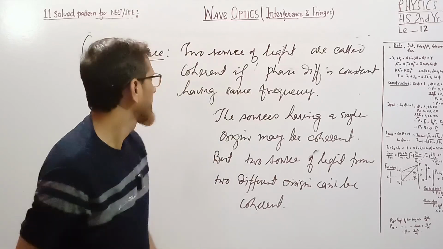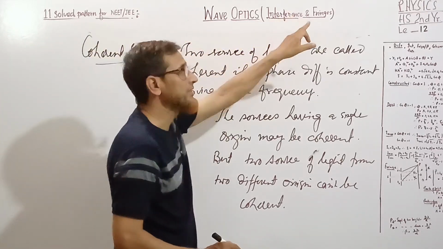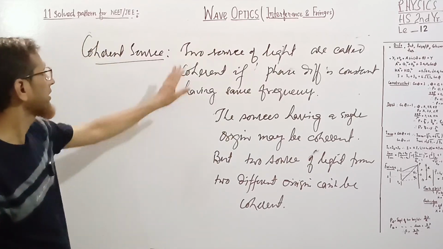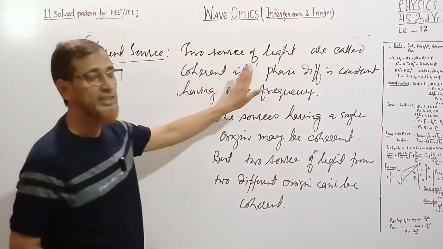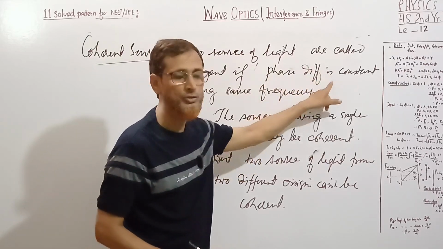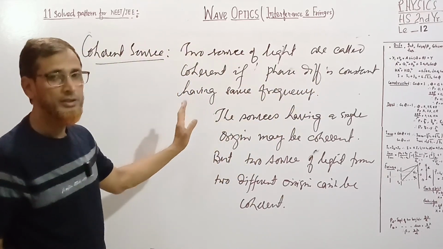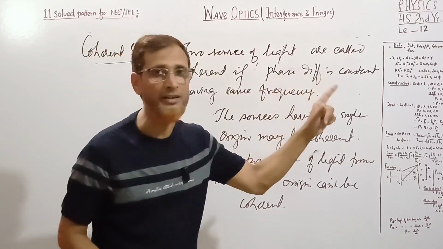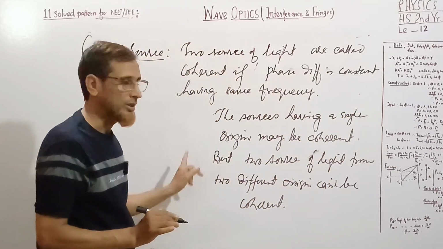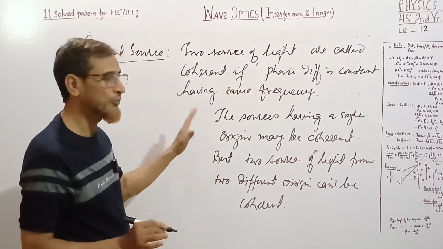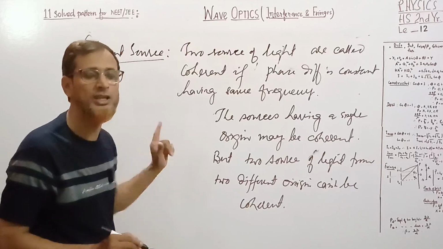It is very important that you know coherent sources, because upon coherence we will come to the interference term. So what is coherent? Two or more sources are called coherent if their phase difference is constant and their frequency is the same. If the two sources are different, then they will not be coherent. The two sources should be coherent if their source of origin is the same.